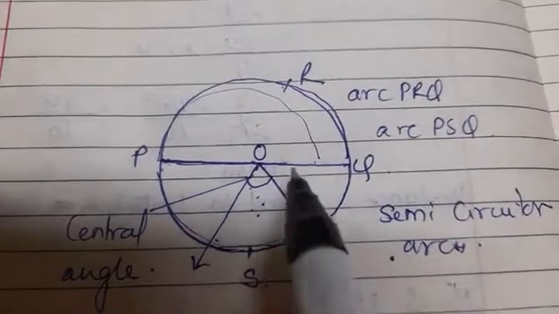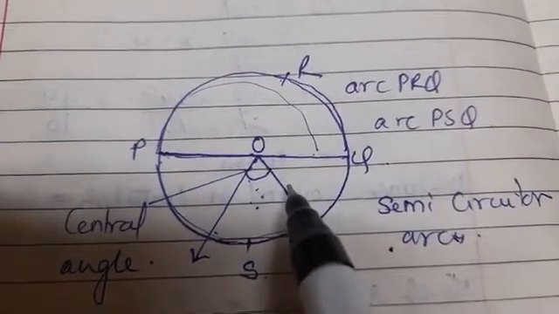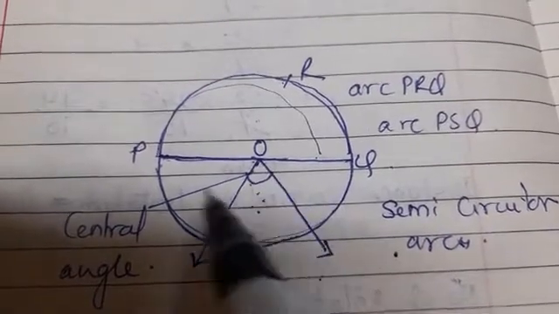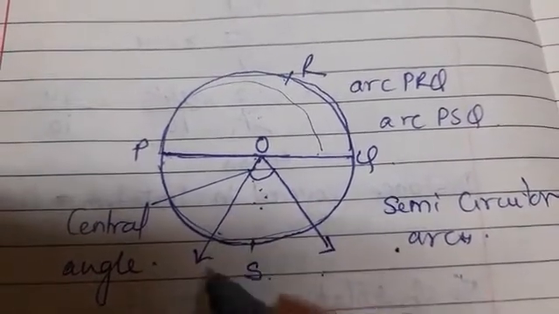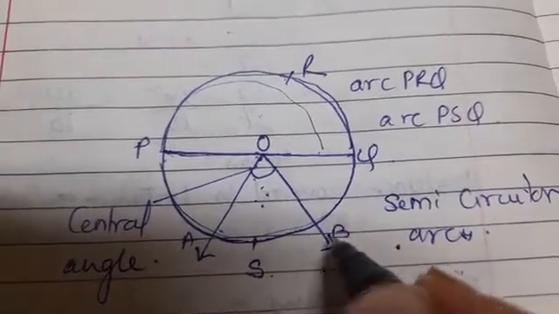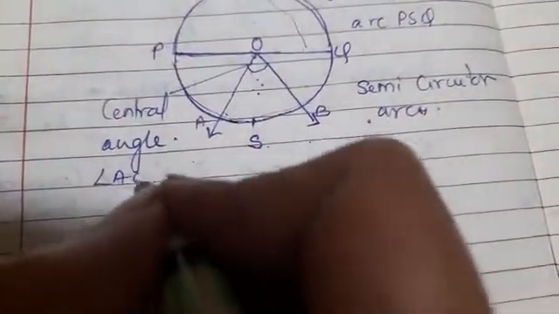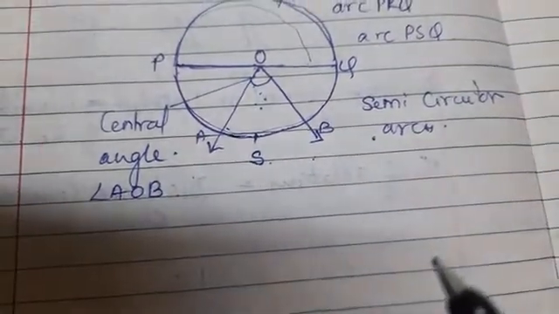You can name this as A and B. So the central angle is angle AOB.